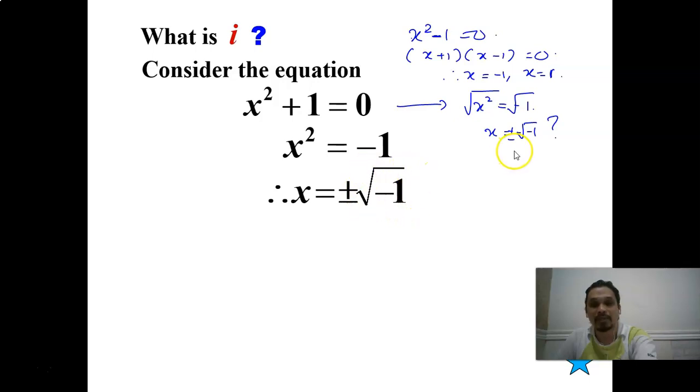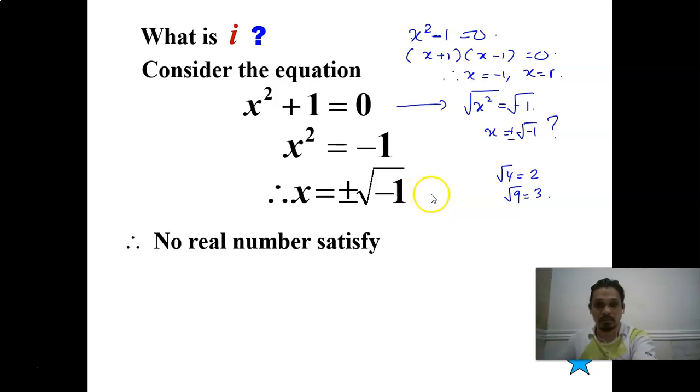Square root of negative 1 we cannot define as we define the numbers 2, 3, 4, 5, which are all real numbers. Square root of 4 equal to 2. Square root of 9 equal to 3. Square root of 5 equal to 2.45 something like that. But what about this one here now? No real number satisfies x squared plus 1 equal to 0.